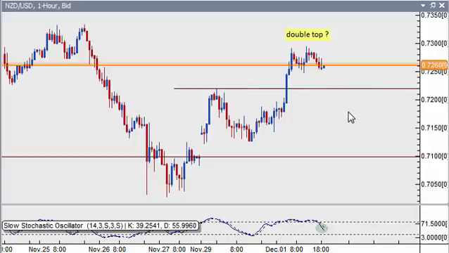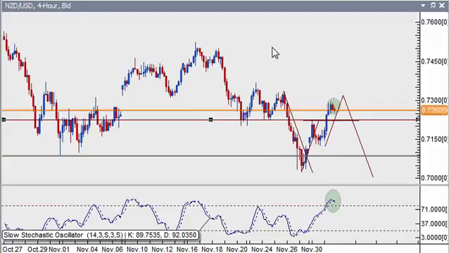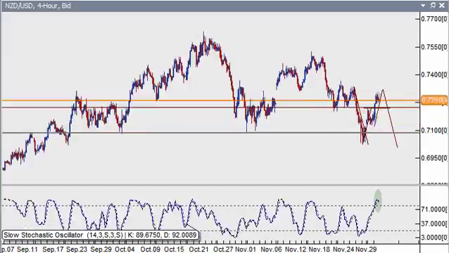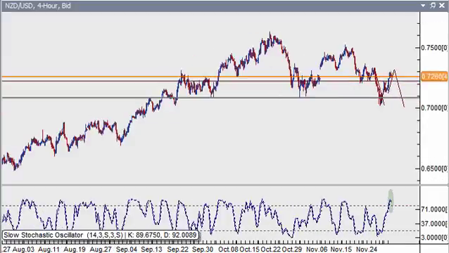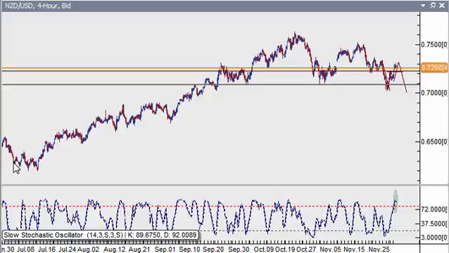Alright, so now let's compare the New Zealand dollar with the pound dollar. Both of them have this setup, but we may prefer one to another. We see in the New Zealand US dollar that this pair has been rallying since the summer and has formed sort of a consolidation or sideways action since September.